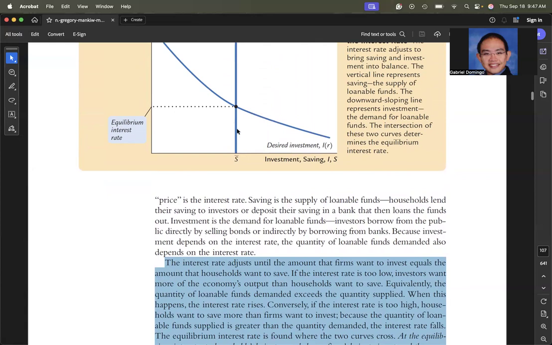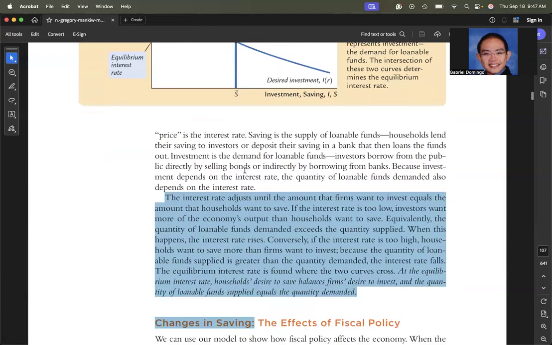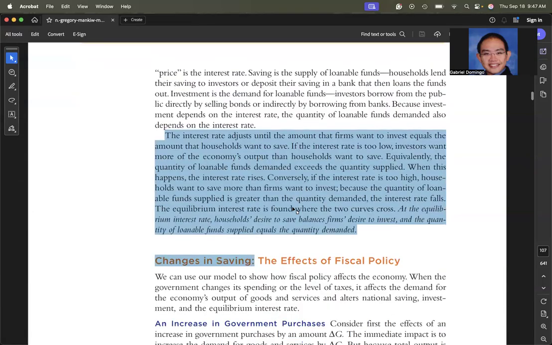In order to make it an equilibrium, the interest rate must rise and reduce desired investment to exactly equal the savings rate. If the interest rate is too low, investors want more of the economy's output than households want to save. Equivalently, the quantity of loanable funds demanded exceeds the quantity supplied.